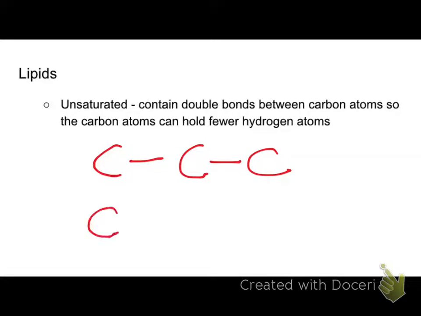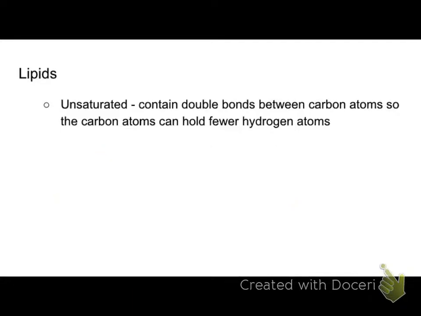Well, in an unsaturated, there's a double bond, and carbon can only form 4 bonds. So when it's forming a double bond, this one on the end can only hold 2, and this one in the middle can't hold any hydrogens extra. So it's not holding as many hydrogens as it could be, so we call it unsaturated. Okay?